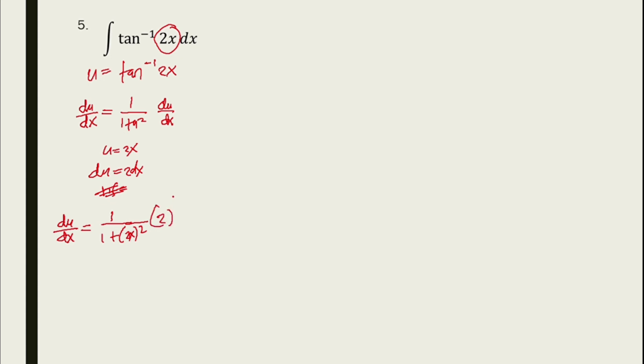So next, the result is du over dx is equal to 2 over 1 plus 2x squared. Alright.